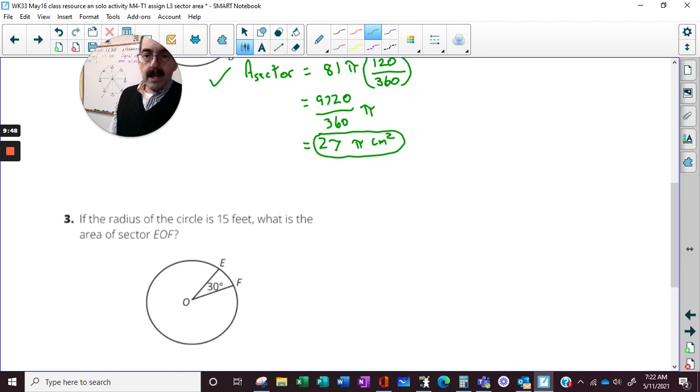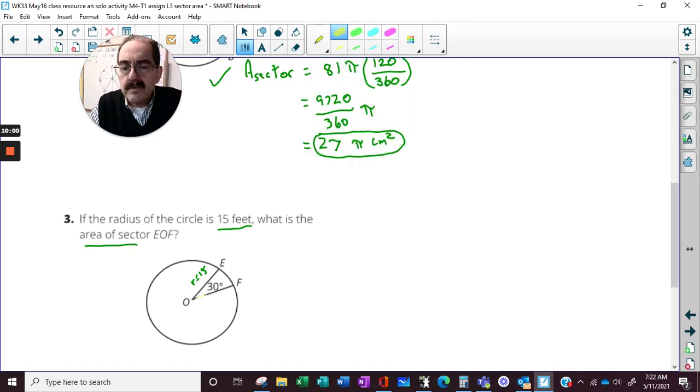All right. Welcome back. If the radius of the circle is 15 feet, what is the area of the sector? So we're interested in this piece of the pie. Step 1: area of the circle, pi r squared.